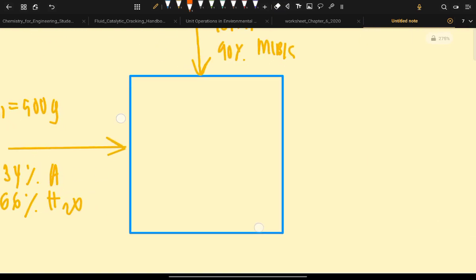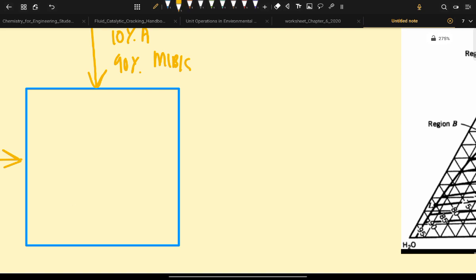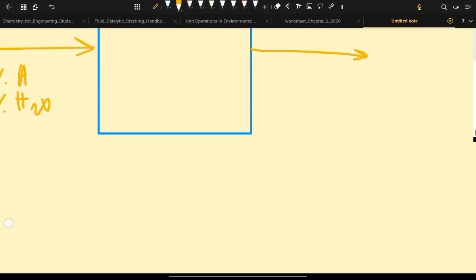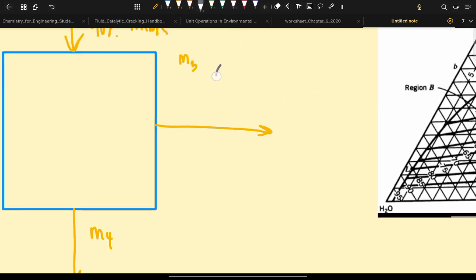Okay, so you just write je lah macam biasa, which is this is M3 and this is M4, which is the resulting mass lah. And kita just namakan dia as xA3, xMIBK3, and 1 minus xA3 minus xMIBK3 for H2O lah.